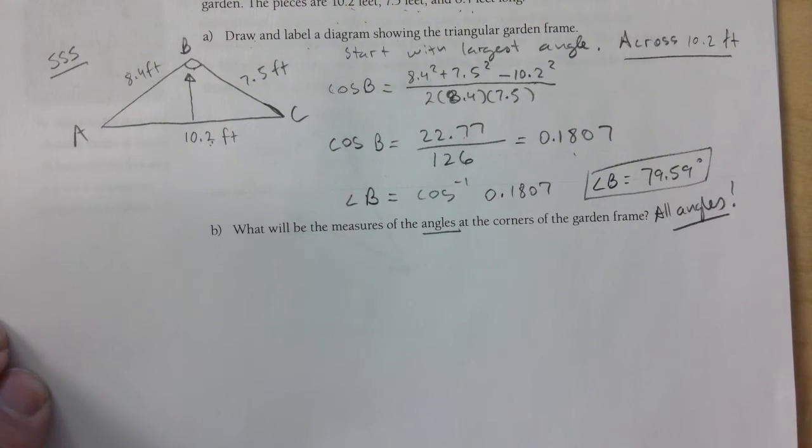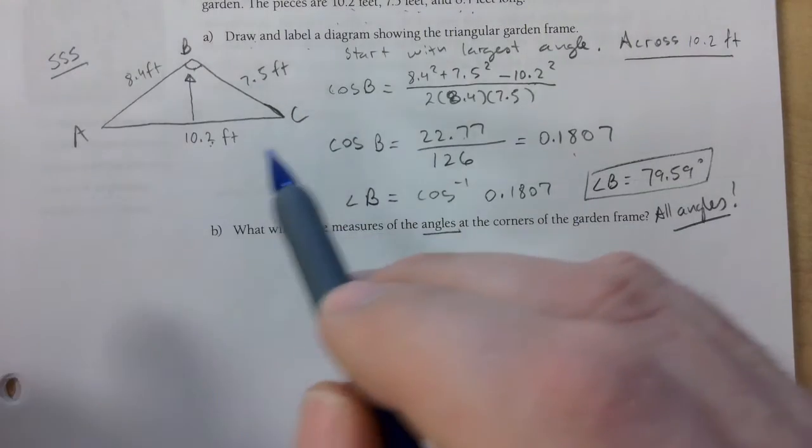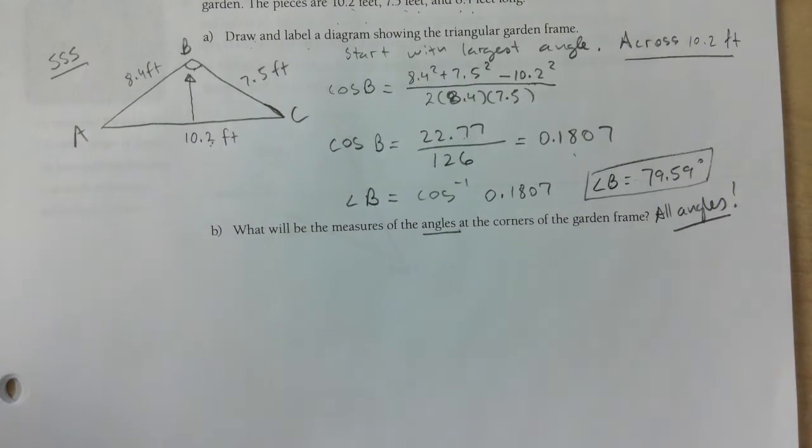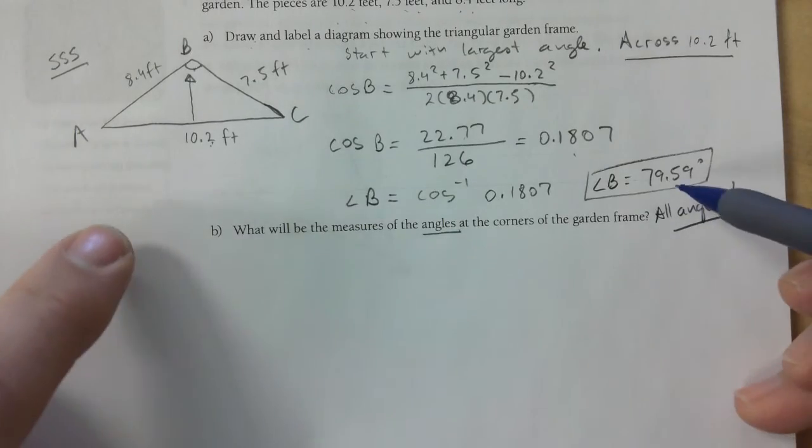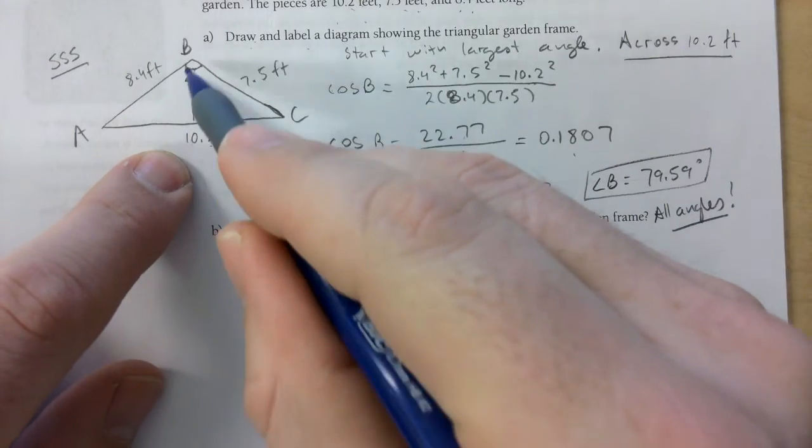Let's do the other two. Now it doesn't matter. I will do this because I think it's time to start showing how you can switch over to sine law. You have a pair now, right?